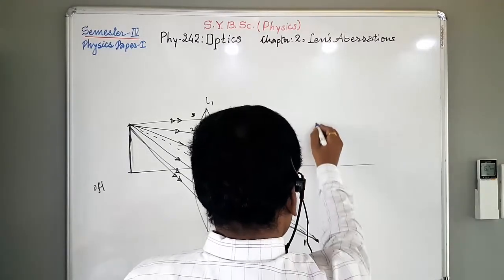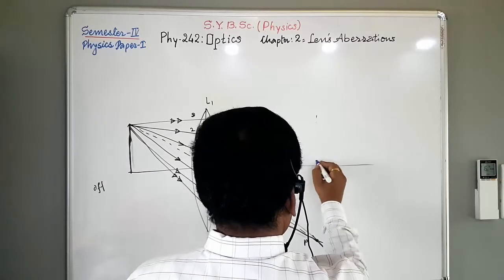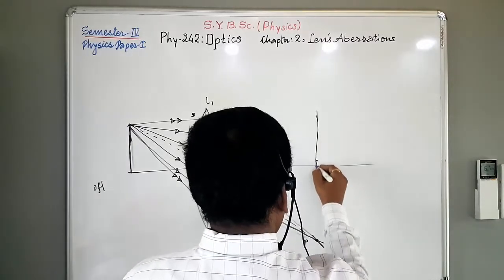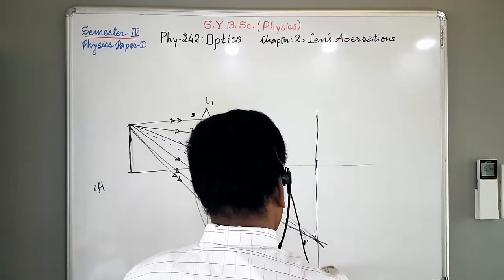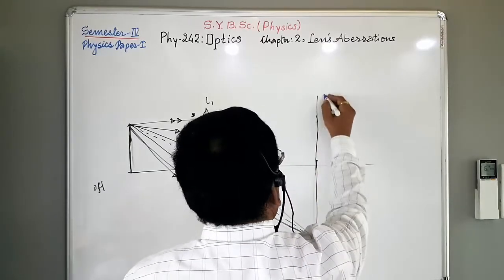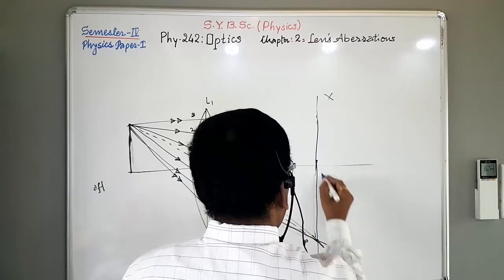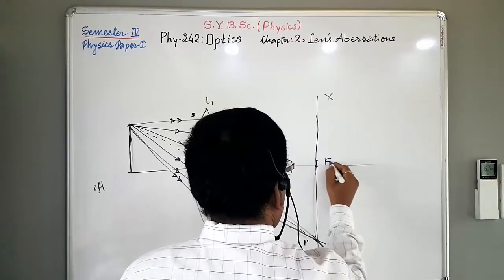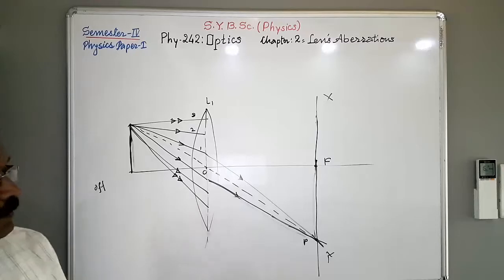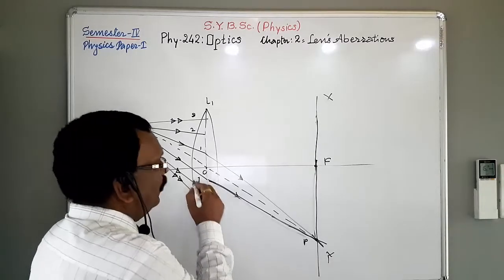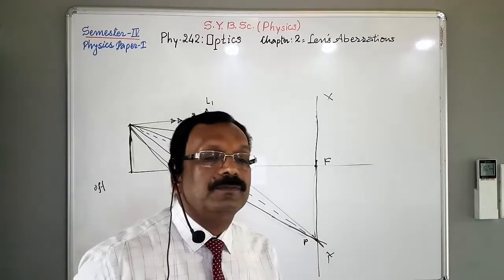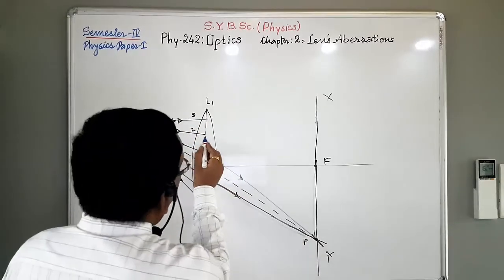And when we place the screen, this is the screen XY. This is the focal point of this lens. So here, this is the first zone.